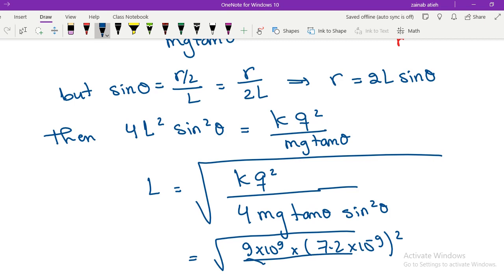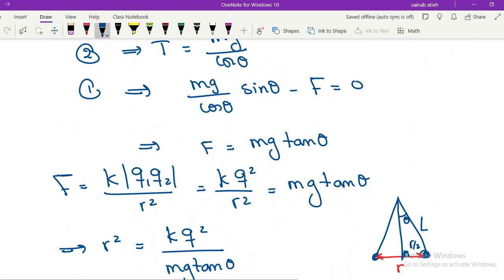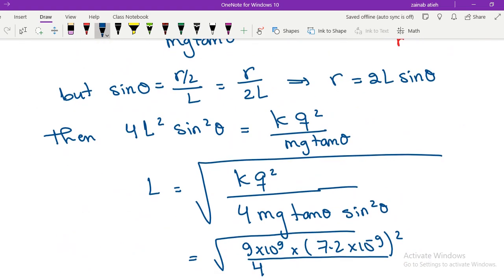over 4. Mass was given to be 0.2 gram. So 0.2 times 10 to the power minus 3, times 10, times tangent 5, times sine squared 5.